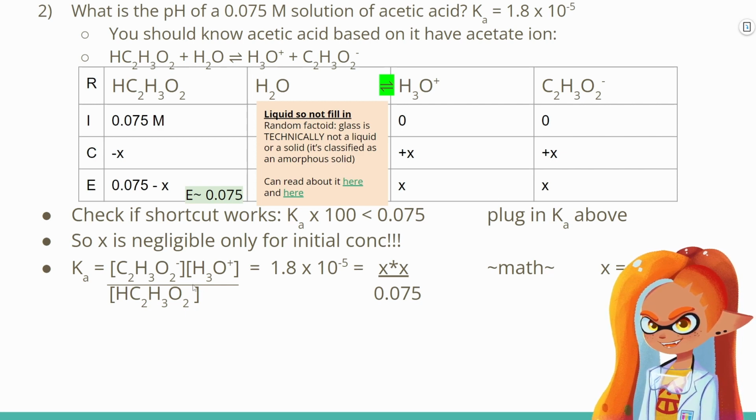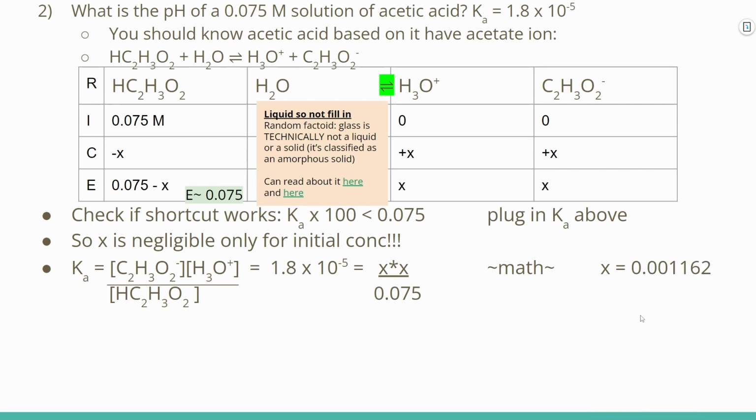We have our X's over here, and those get multiplied together. We got X squared, and then we got 0.075 on the bottom. Do some simple math where we multiply this on both sides, and then we square root because there's an X squared here. And so I end up getting 0.001162.